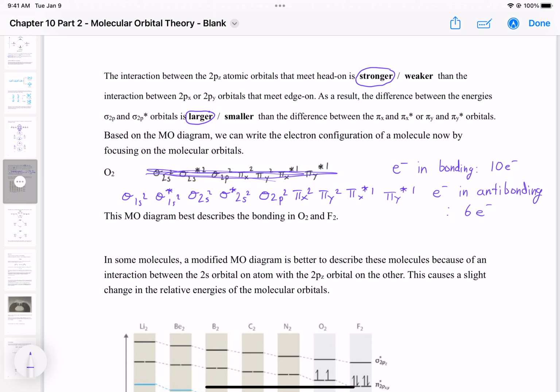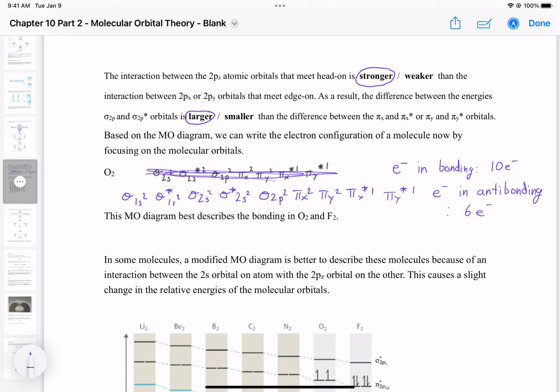So that's why an oxygen molecule is predicted to have a bond between the two oxygen atoms. It's considered to be a molecule, because we have more bonding electrons than antibonding electrons in those orbitals. Okay, so that's how we determine if a molecule is predicted to exist or maybe not exist.